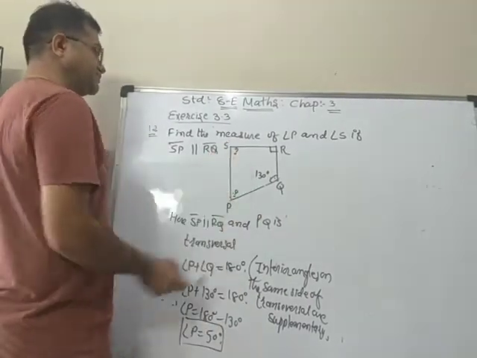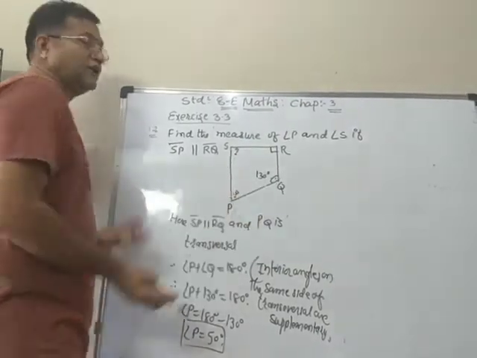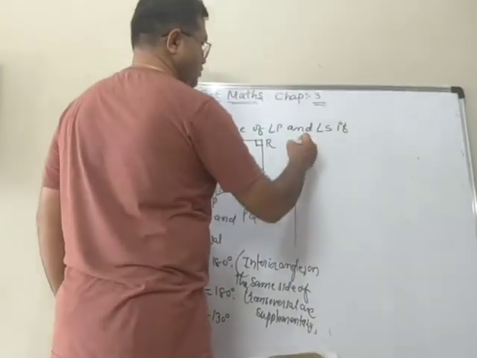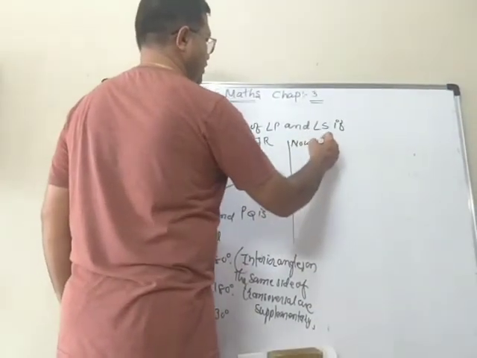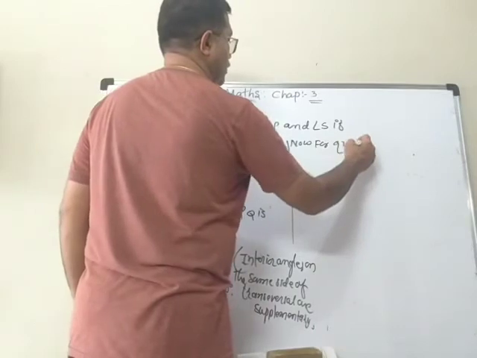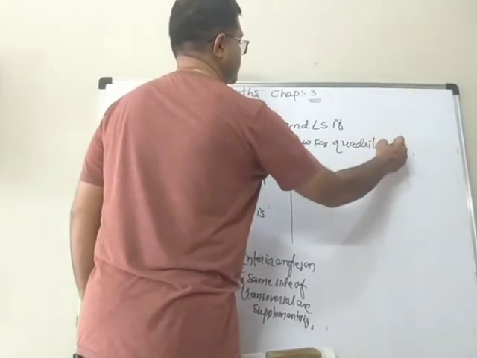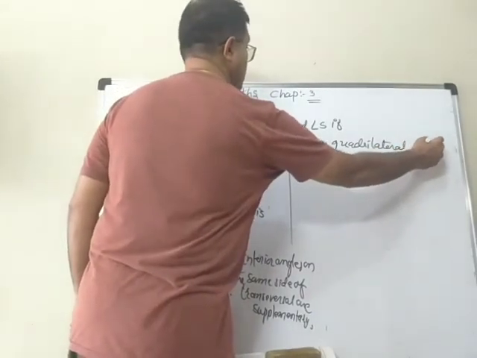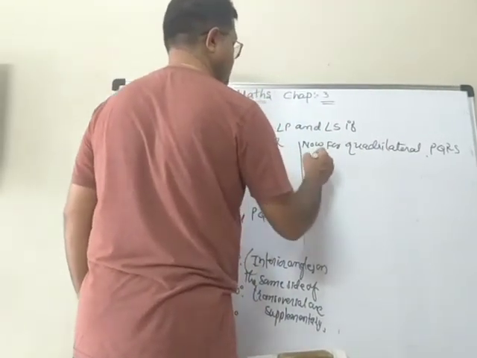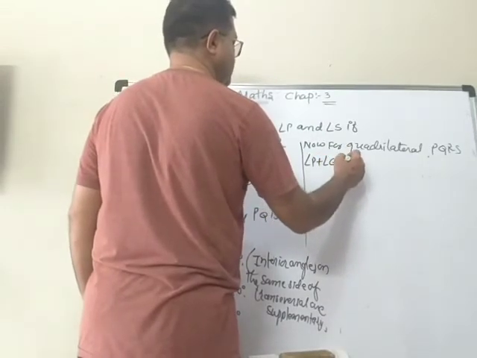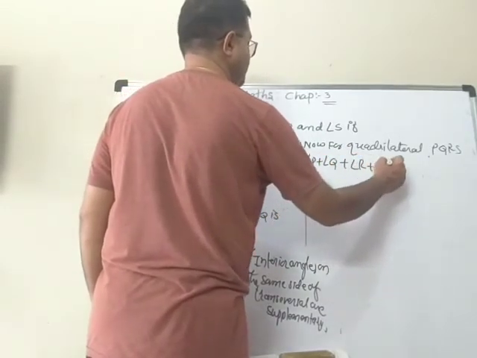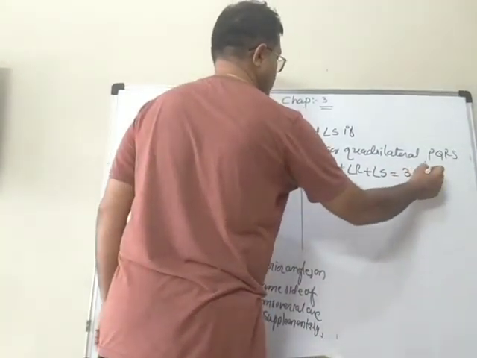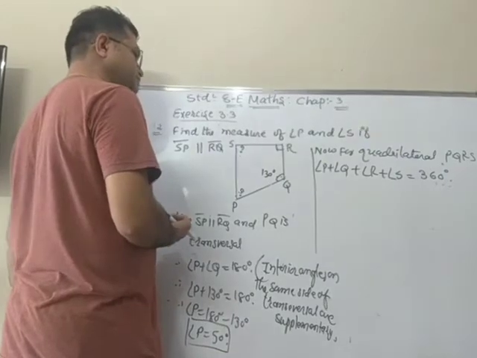Now we have to find angle S. Now three angles are known, so we can use the angle sum property. So now for quadrilateral PQRS, angle P plus angle Q plus angle R plus angle S is equal to 360 degree.